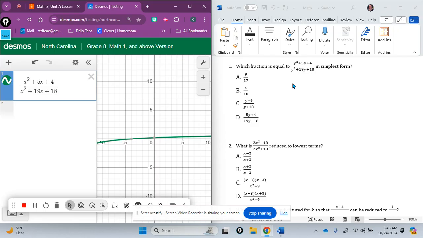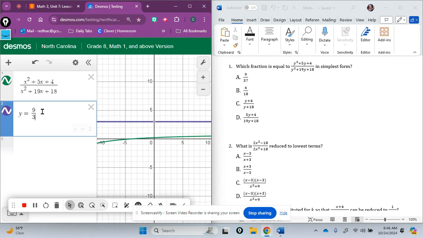Okay, so once you have your graph in there, you're going to look at your answer choices and you're going to see which one is an equivalent expression. Now, use your common sense. Okay, so A is 9 over 37. If I type in y equals 9 over 37, that's not going to give me that, because that's going to be a number. It's just going to draw a straight line at that number. My graph is not a straight line, so I know that's not going to be my answer.